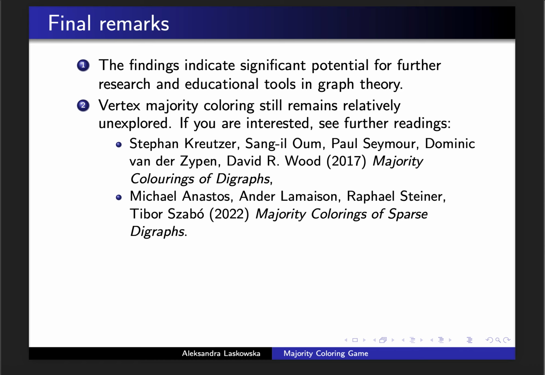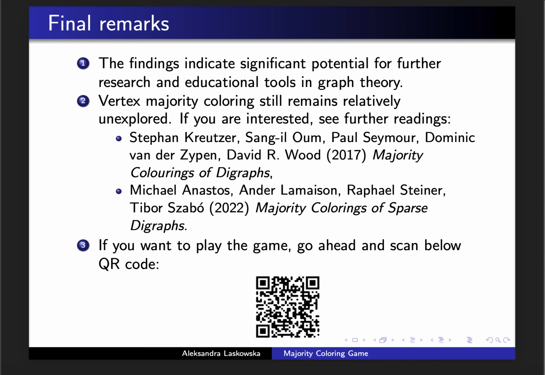However, there are many variations of majority coloring, and one of them, directed graphs, you can see in further readings that are included here. And there are some interesting open questions included there. So please check it if you are interested.